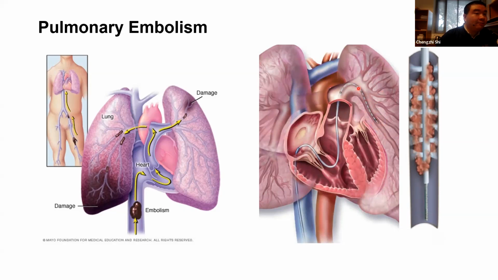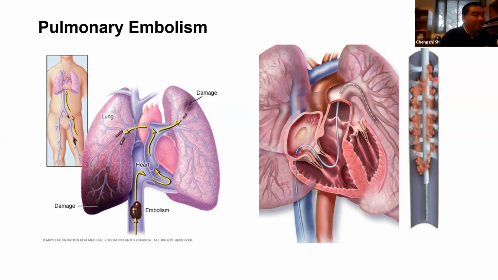So you can see the difference between the catheter diameter and the artery diameter. And what happens is, once the catheter gets into the pulmonary artery, the structure of the catheter will deform, and then they try to pull the clot out by lodging onto the clot, and then just pulling it back.